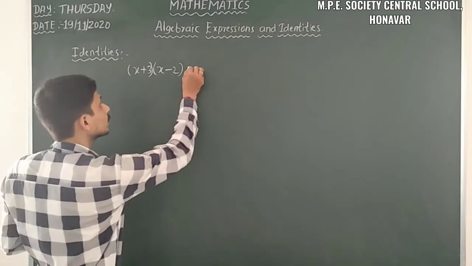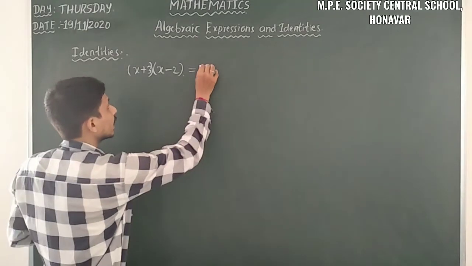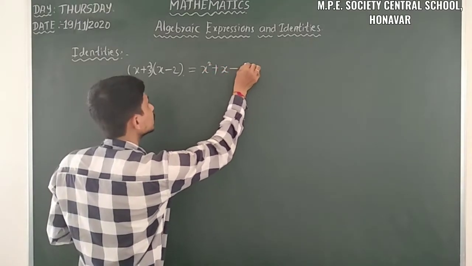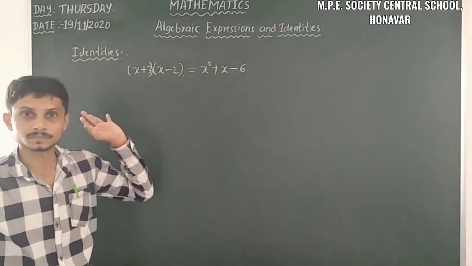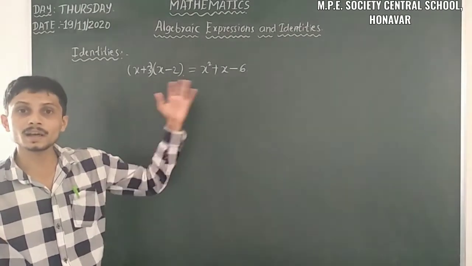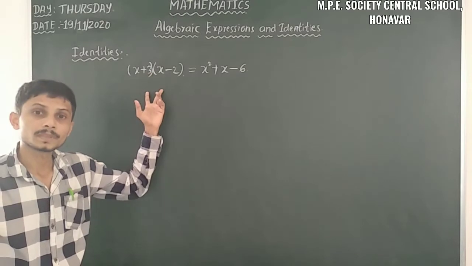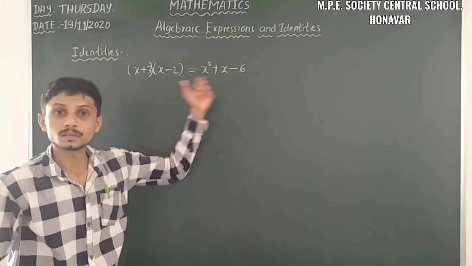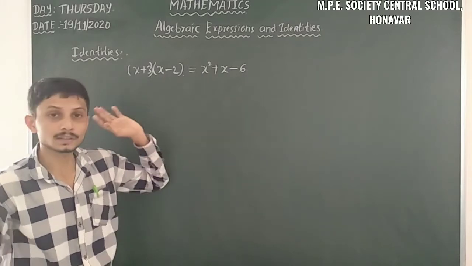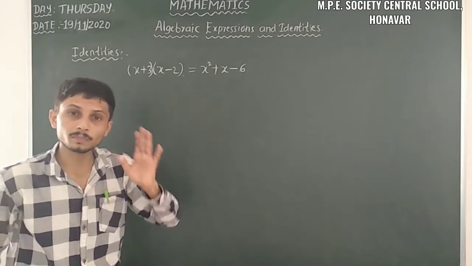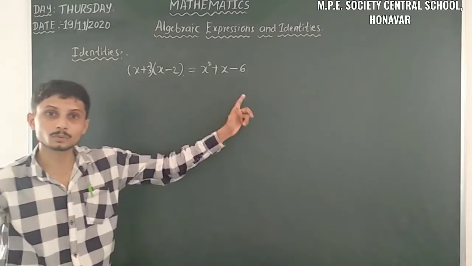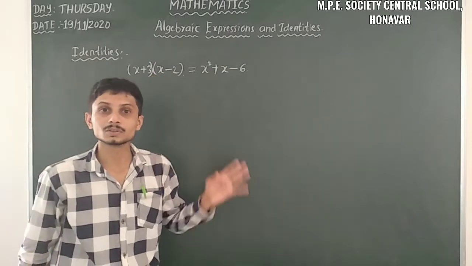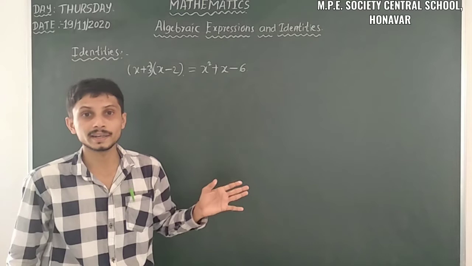After that we get the result, x square plus x minus 6. Before it was two binomials, and here it is a trinomial. But the equality sign is there, which means you can put any value of x in this equation and there is no change at all. LHS and RHS are both the same. Such equations we call an identity.